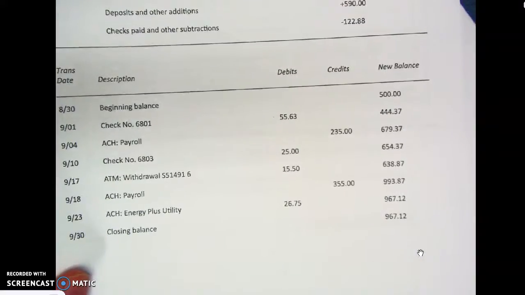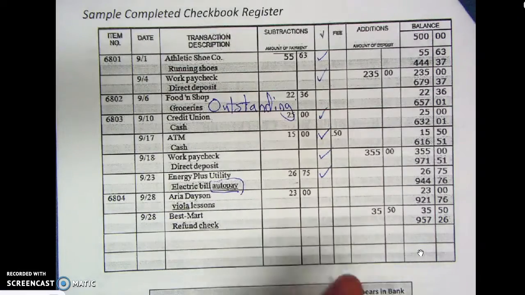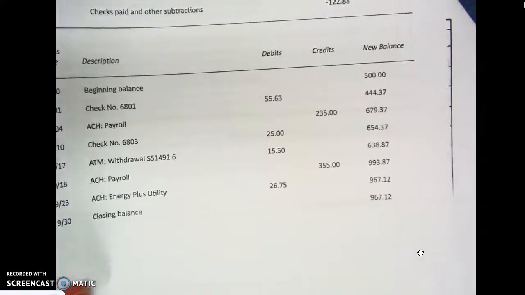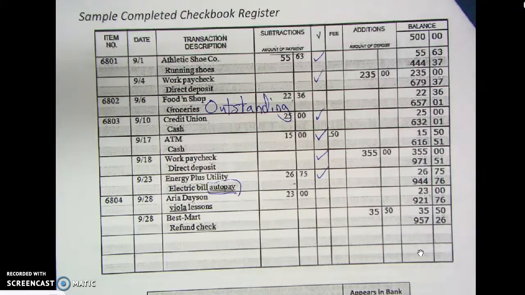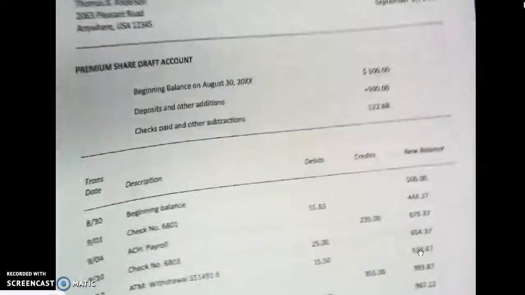That check has not cleared yet, and then we have a deposit here for $35.50, and that check has not cleared yet. All right, so that's the first step to balancing your checkbook, is to do the comparison between your register and the bank statement.